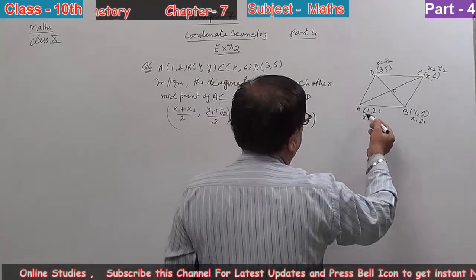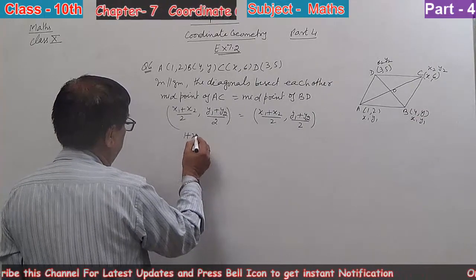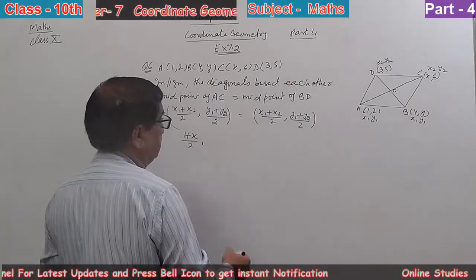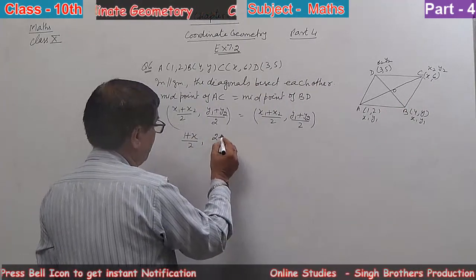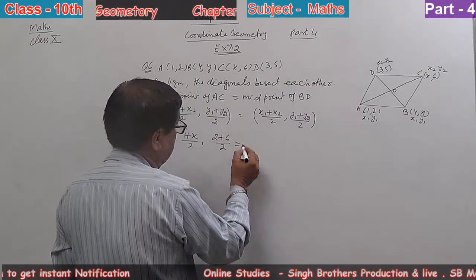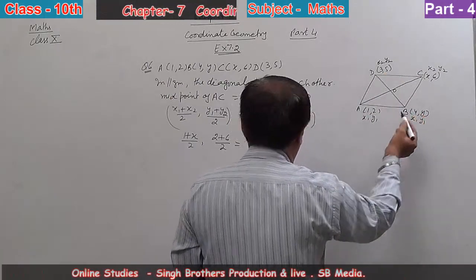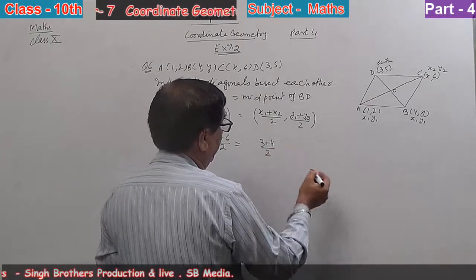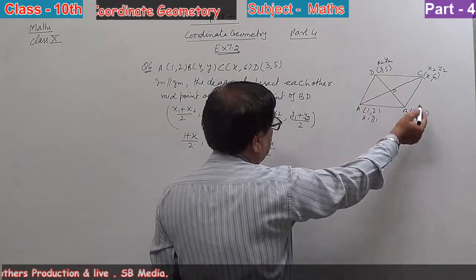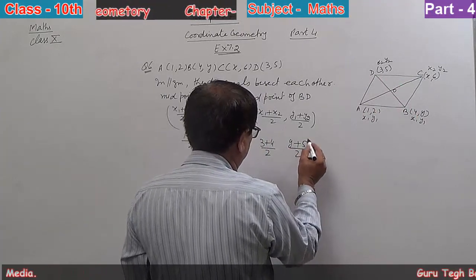So, for A, x1 is 1, x2 is x: (1 plus x) upon 2, (2 plus 6) upon 2. Here the midpoint of BD: (3 plus 4) upon 2 and (y plus 5) upon 2.